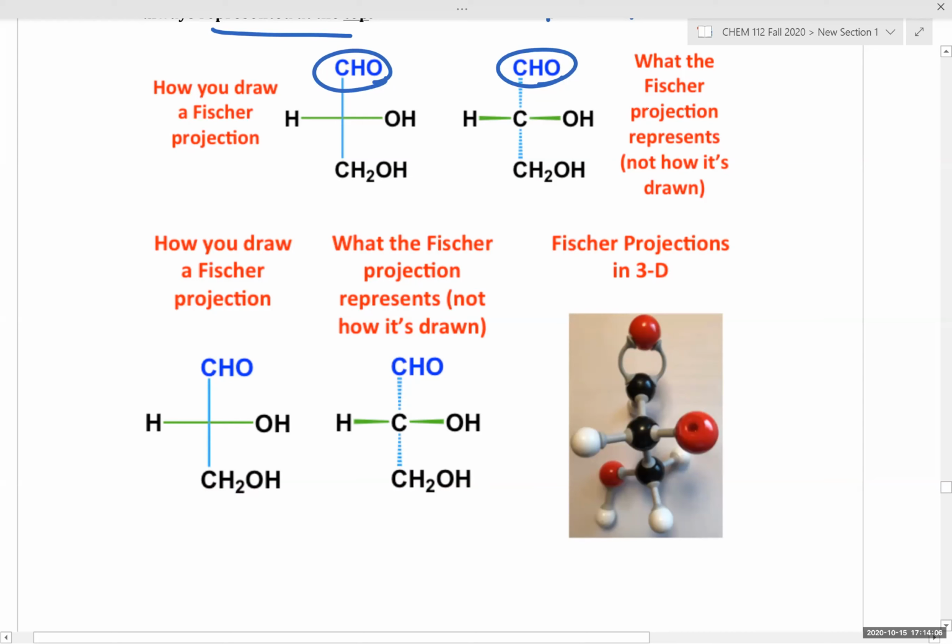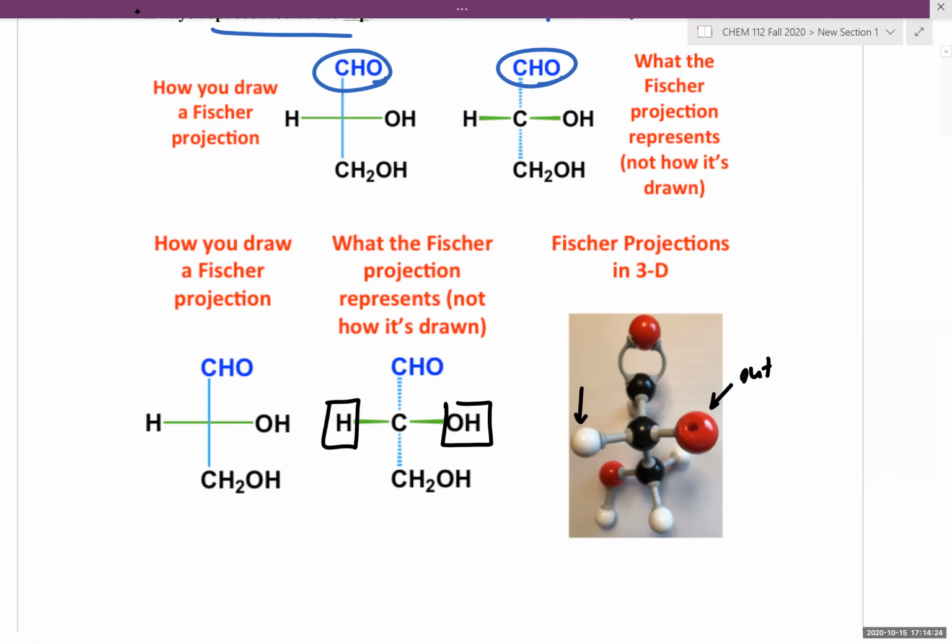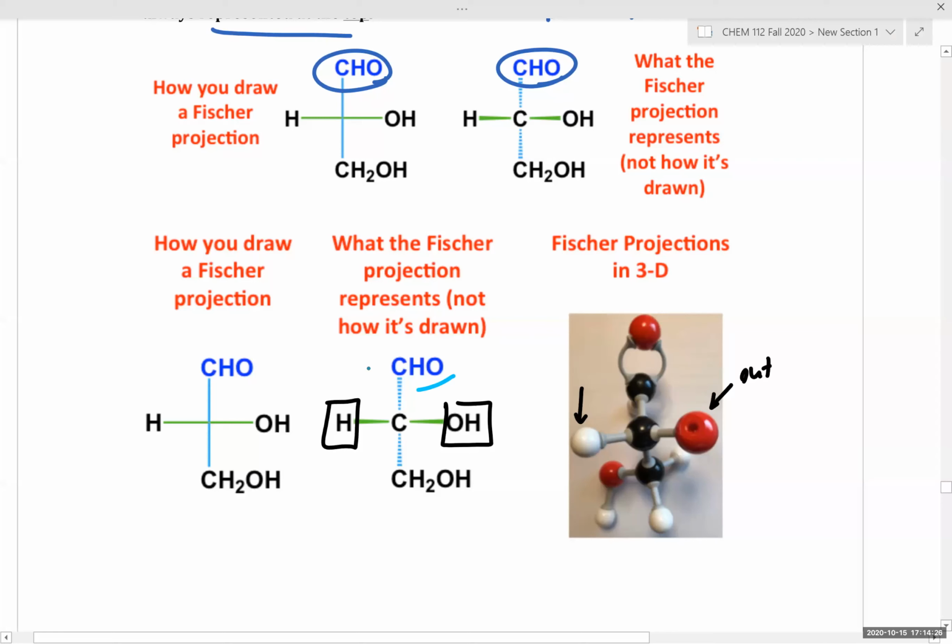So, when you draw a Fischer projection, as we see from this handy photo next to it, the horizontal groups are pointing out towards us. So both of these horizontal groups are pointing out towards us, while the vertical line groups are pointing away from us, and they're pointing into the page.